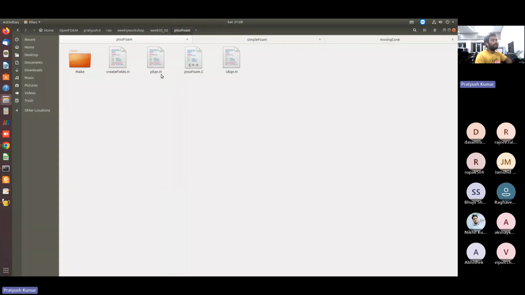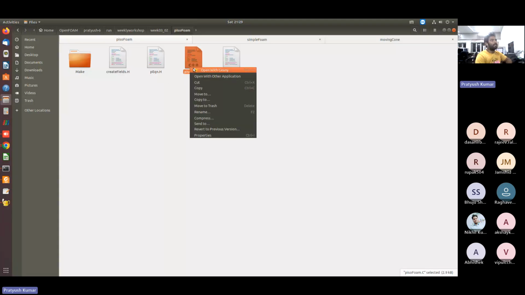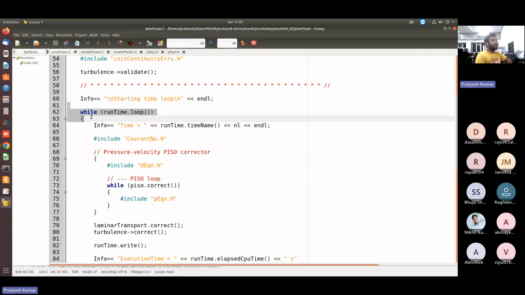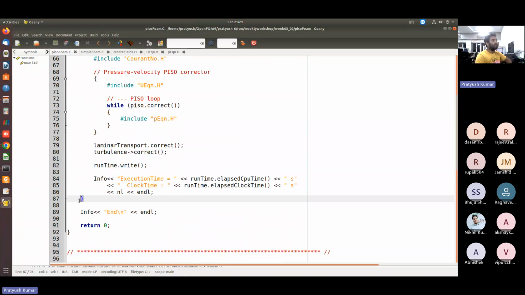Here UEqn.H and pEqn.H are given. And this pisoFoam is the source file. The loop starts from here and ends here.